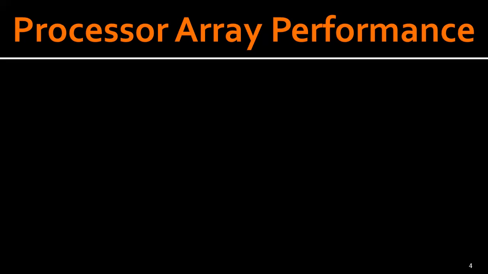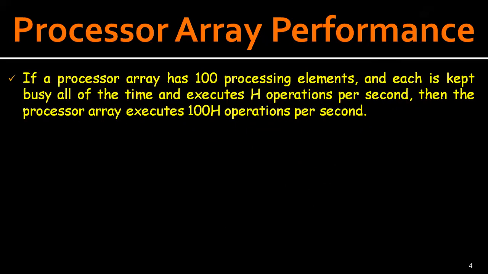If the processor array has 100 processing elements, each kept busy all of the time and executing H operations per second, then the processor array executes 100H operations per second.